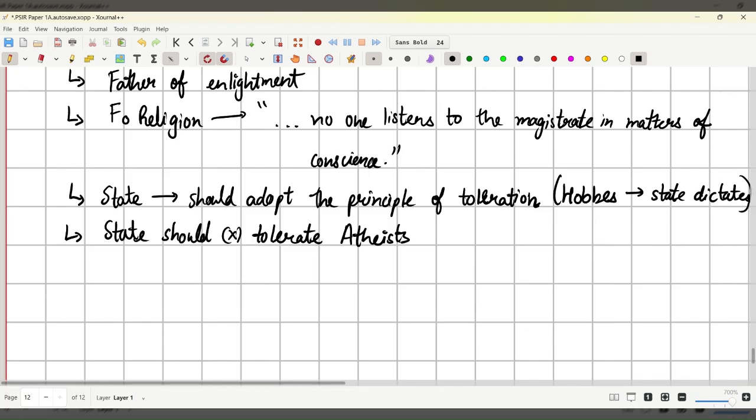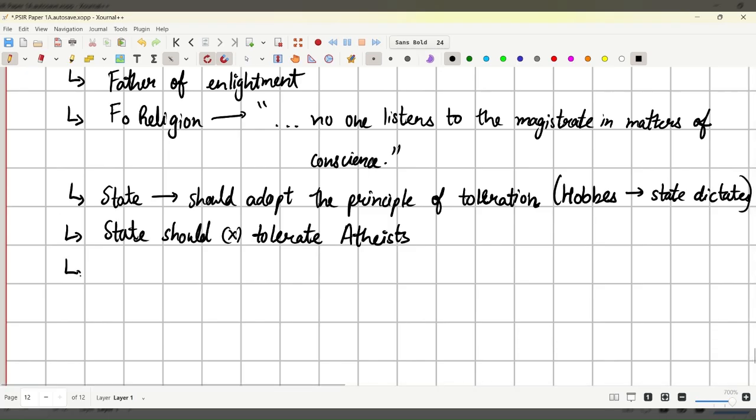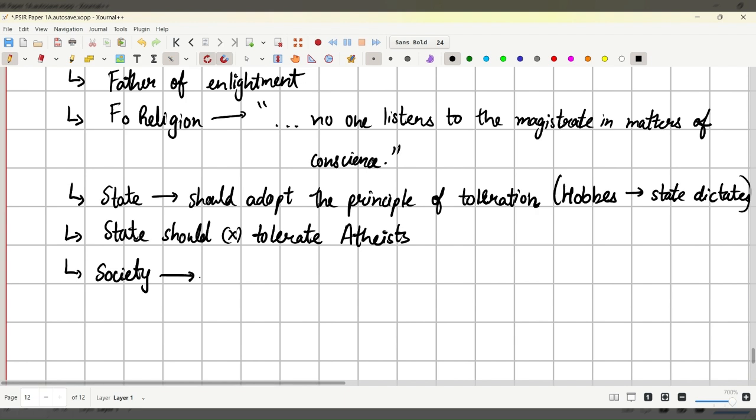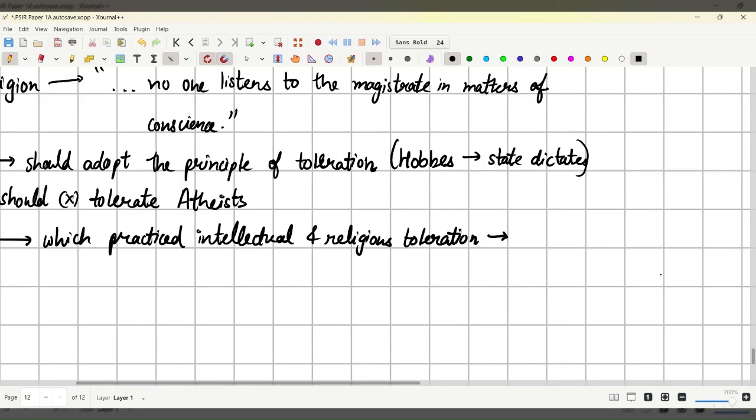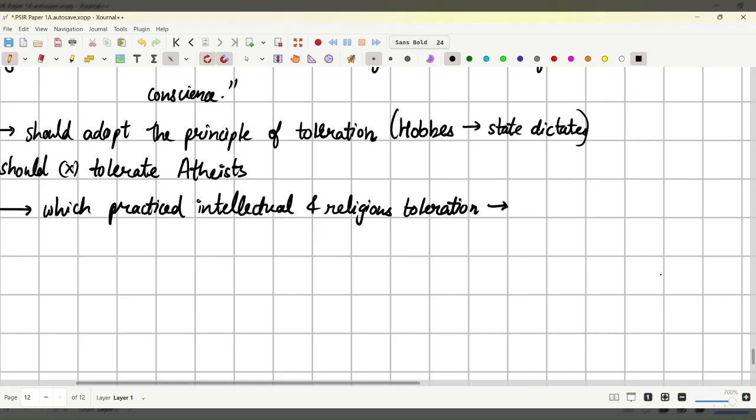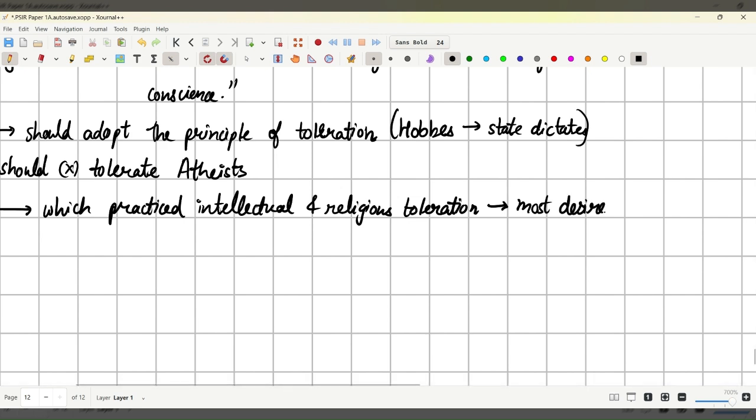Then, according to him, a society which practiced intellectual and religious toleration is the most desirable order that mankind can ever achieve.